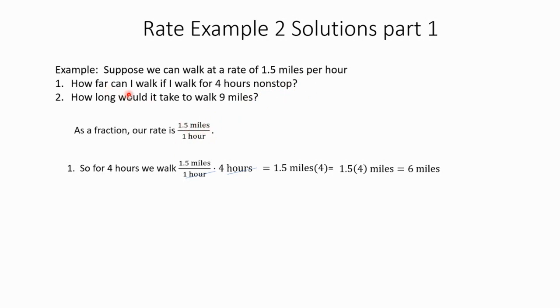We want to know how far can I walk? How many miles can I walk? So we want to eliminate the hour unit. Well, if we were to multiply by 4, like so, we have that cancellation. So by multiplying, our answer will be 1.5 miles times 4. And the 4 you could just bring in front over here, and you get 6 miles.